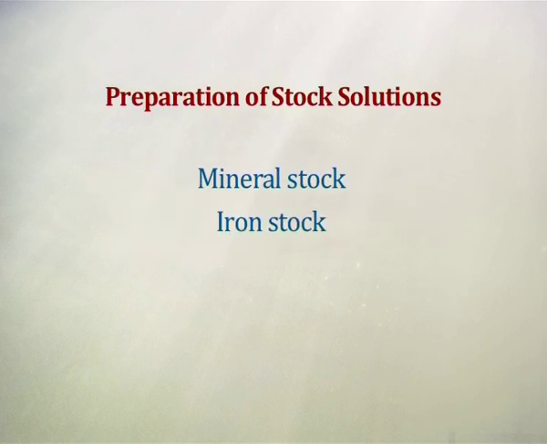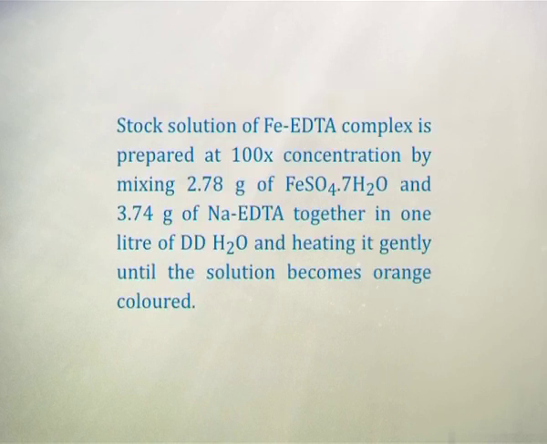The next is iron stock. Stock solution of iron EDTA complex is prepared at 100 times concentration by mixing 2.78 gram of ferrous sulfate heptahydrate and 3.74 gram of sodium EDTA together in 1 liter of double distilled water and heating it gently until the solution becomes orange colored.